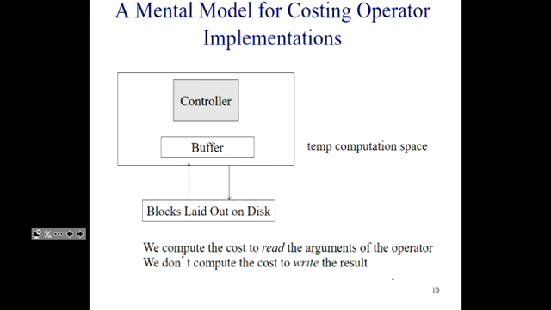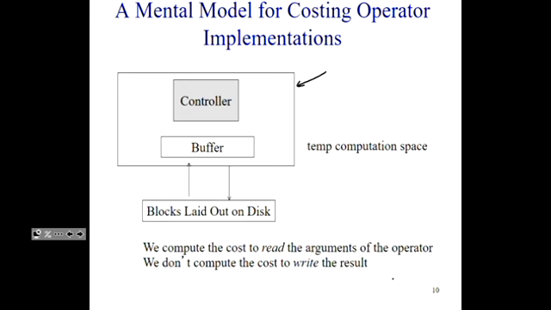So beyond the cost part, the other thing that's useful to think about when considering various operator implementations is how you envision operations happening between the database system and disk. The way to think about that is to have some kind of a mental model for what a database system looks like. So a database system in its most simplified implementation looks something like this.